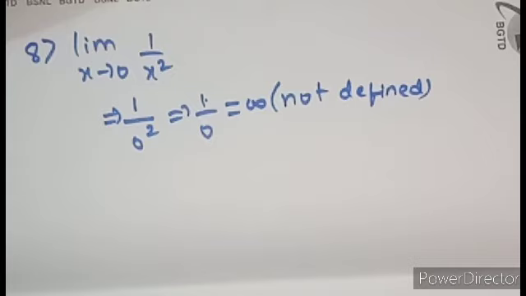So this is beyond our imagination. Another infinity will exist which is bigger than my considered infinity value, so we consider infinity as not defined.